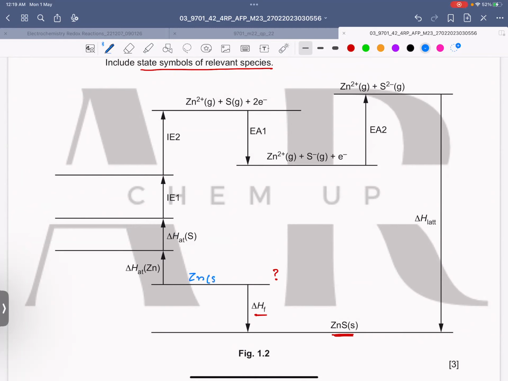Zinc is a metal, so it must be solid. Then we have sulfur, which is a non-metal, but it is also a solid, yellow solid. Now, on this arrow, they have mentioned atomization of zinc. So for the atomization of zinc, what would we write over here?